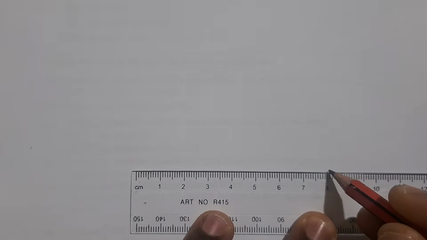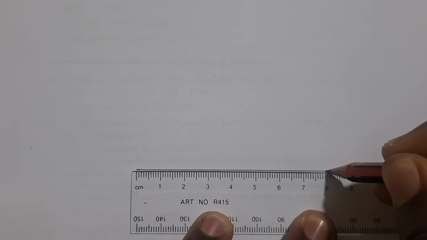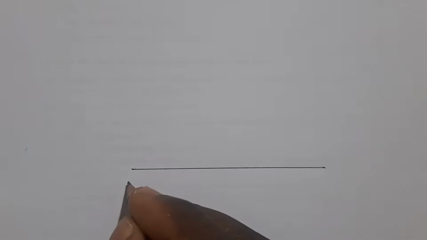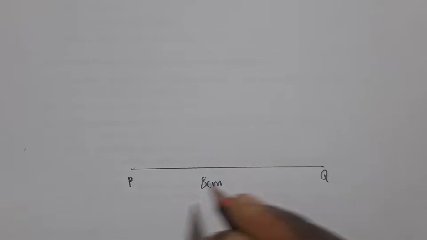So look at this, this is my 8 from 0. So always start from 0. You can see this is 0. So you just do your line like this. This is 8 centimeters. So I've done my 8 centimeters. So I can indicate that this is my P and this is my Q, and it's 8 centimeters.